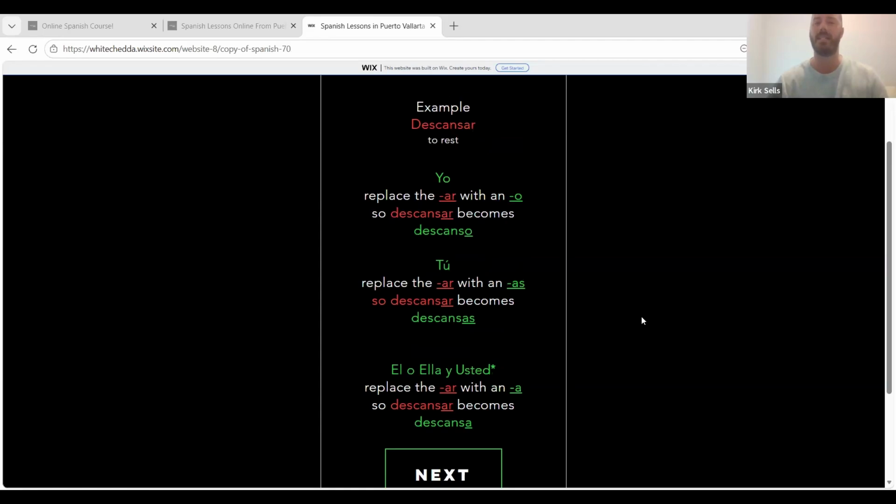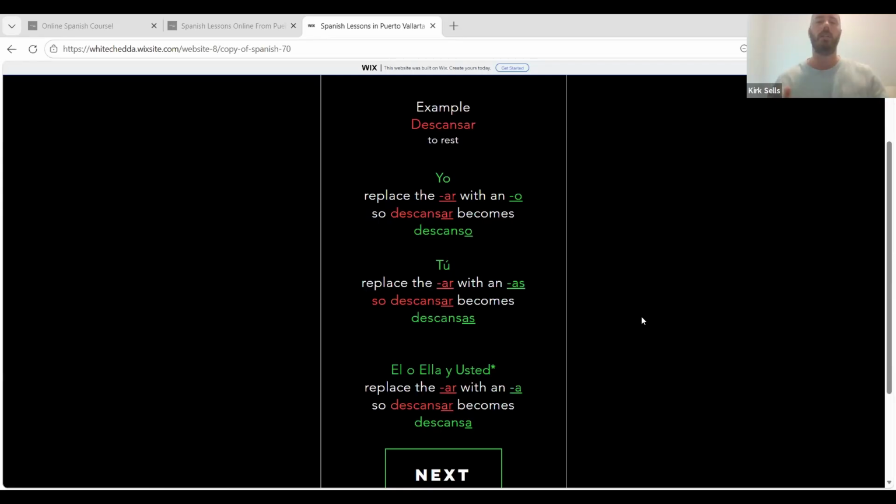Let's look at this verb descansar, which is to rest. Go ahead and say descansar. Yeah, good. So when we want to change it from to rest to I rest, again, this is rules that we're teaching our brain. The same thing that was true with hablar, to speak in previous lessons, caminar, to walk. We don't need to know the new word for each thing.